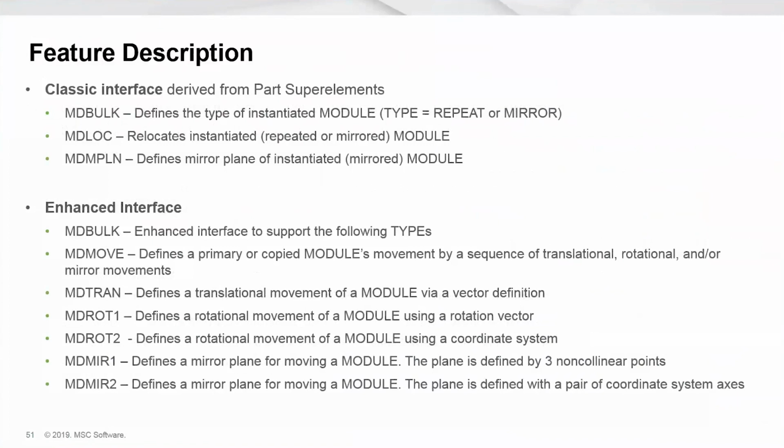It allows you to define the instantiated module inside MDBULK, and then specify whether you're copying, repeating, or mirroring it, and relocate it to a different location using MDLOC. If you're mirroring it, then you want to define a mirror plane. That's exactly similar to the SEBULK, SELOC, and SEPLANE that you may have seen on the part superelements.